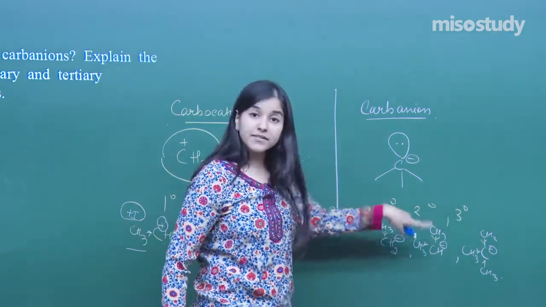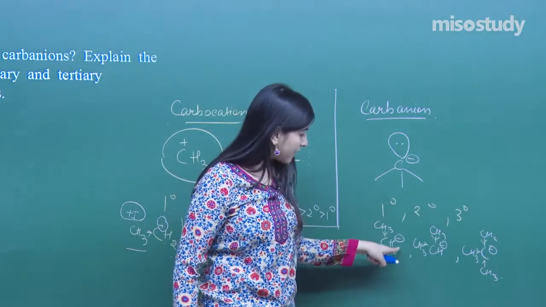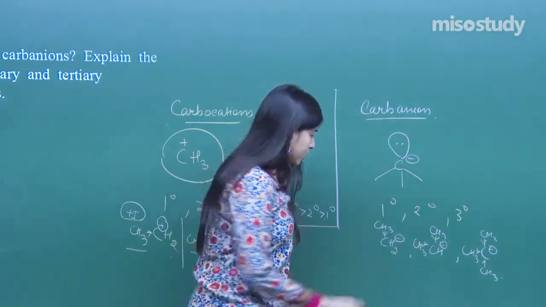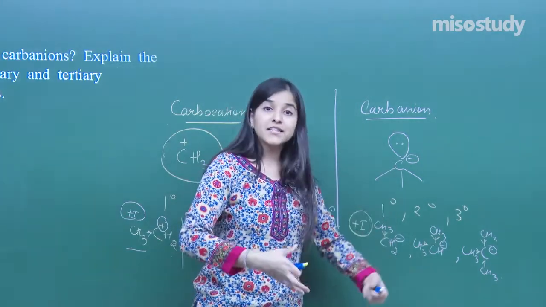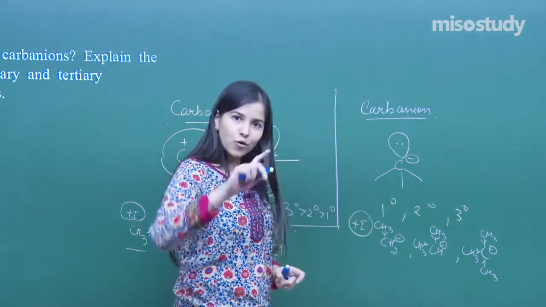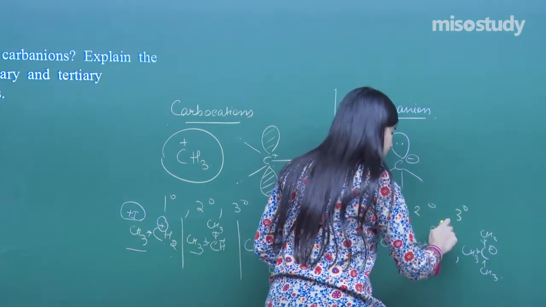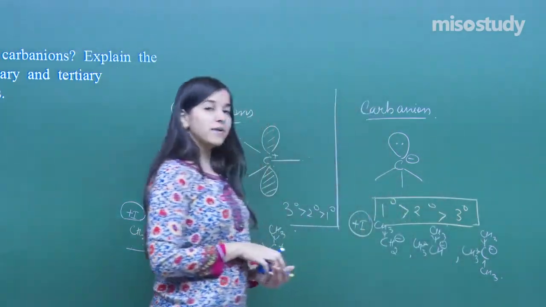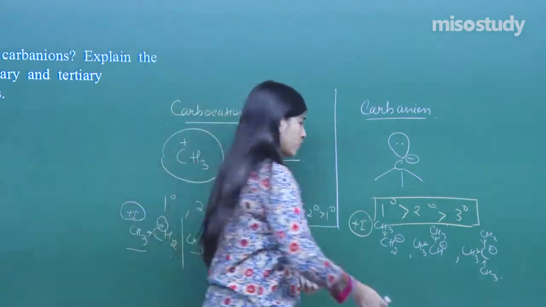They are destabilizing it, because it already had a lone pair, already had a negative charge over it, and the donation effect of this plus I group, this alkyl group, is destabilizing it, creating more repulsions, due to which the order just reverses. This is more stable, then this, and then this, right? So carbocations have the order opposite to the carbanions. Clear? Let's move on further then.